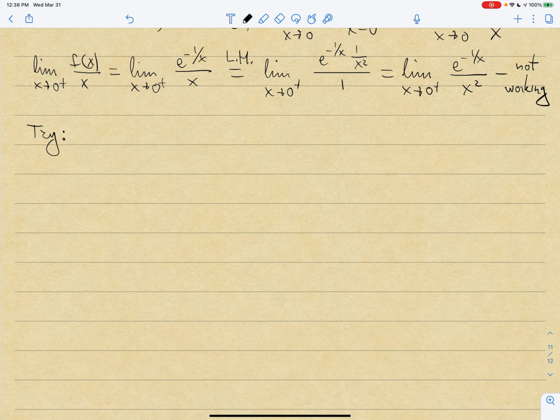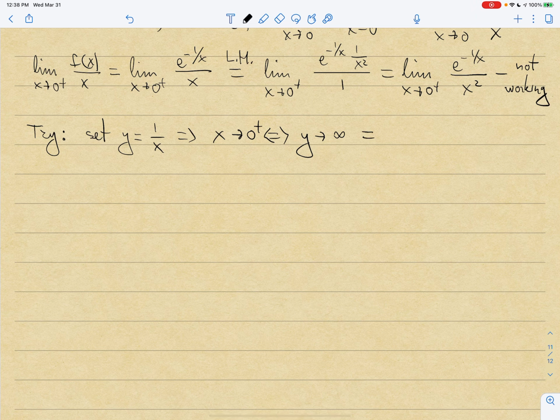What if I denote by y 1 over x? So I'm going to set y to be 1 over x. Then if x goes to 0 plus, this would be the same thing as saying y goes to infinity.